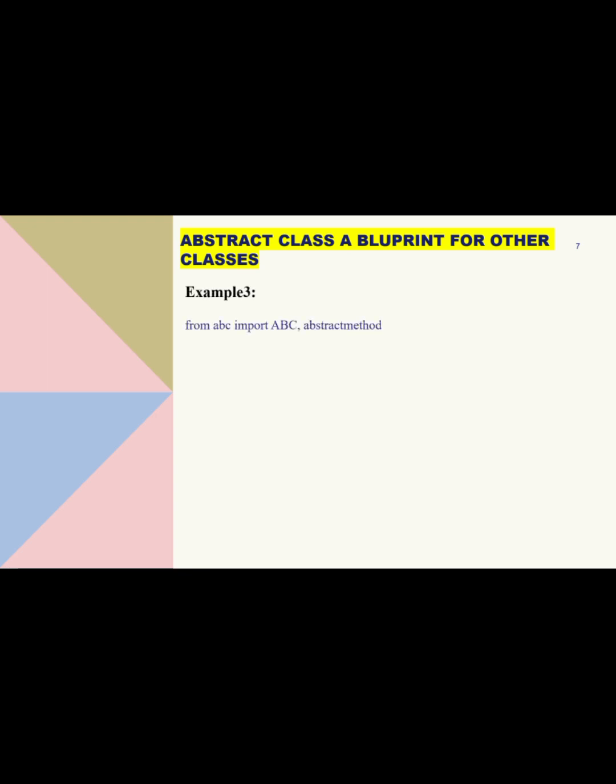So let us see how an abstract class works as a blueprint for other classes. The purpose of creating abstract classes is to provide a blueprint for other classes. This can be achieved by inheriting the abstract class in the required class. Now let us see an example. From ABC, we import the ABC module and we use the abstract method in this program.